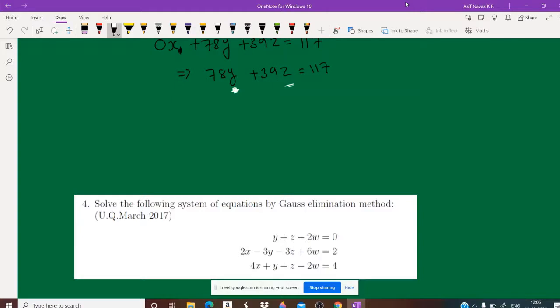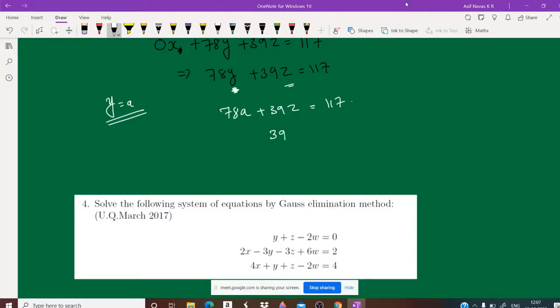So what I will do is I will put y equal to a. So this is my arbitrary value. Any doubt? y equal to a is any value. So what will happen here? 78a plus 39z is equal to 117.